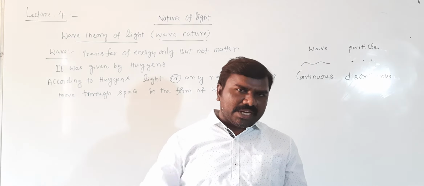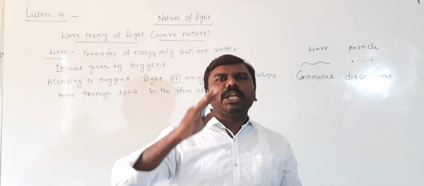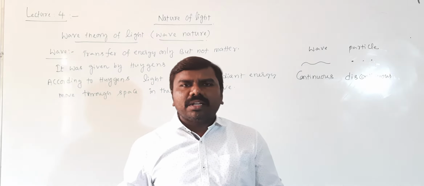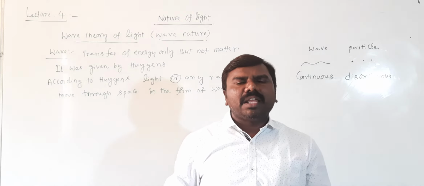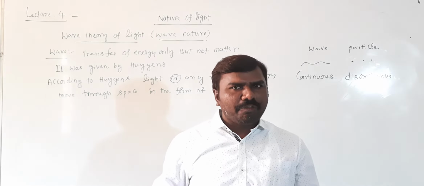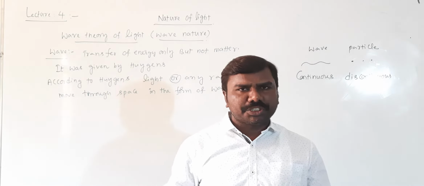This electric field and magnetic field are transmitted, moving in the form of wave. This alternate electrical and magnetic field is called an electromagnetic wave, also named electromagnetic radiation.